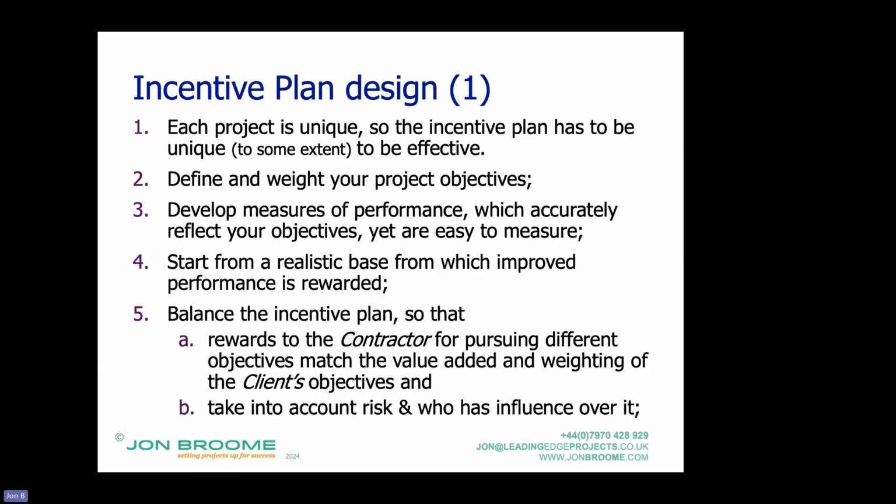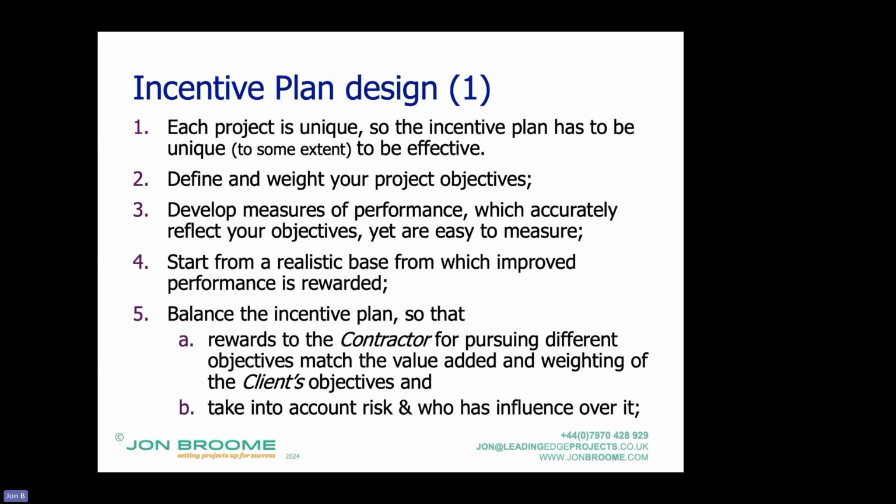That can take a bit of a while to get out. And then how important are they relative to each other as the employing client party? Because that gives an indication of how much weighting to give them. And what you want to do is basically select the critical few objectives which matter, not try and incentivize everything, because then people will just be chasing around too much.